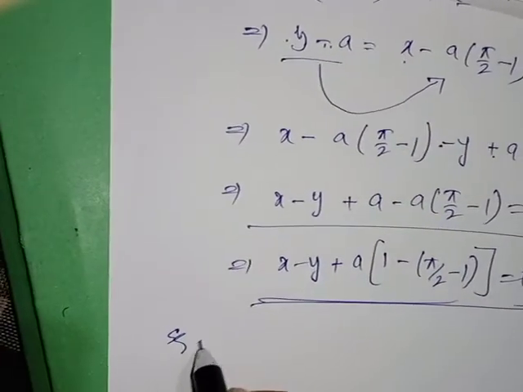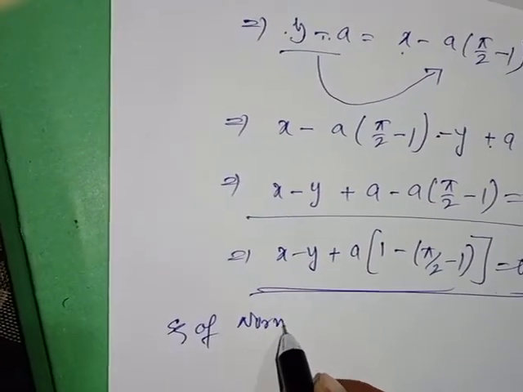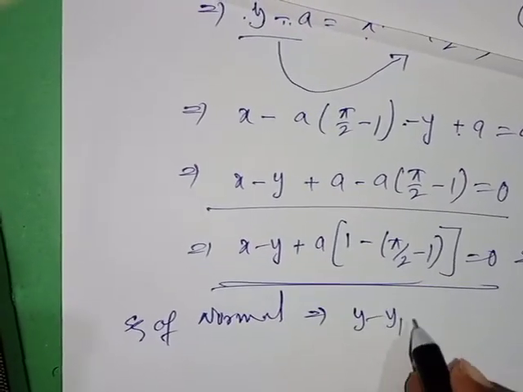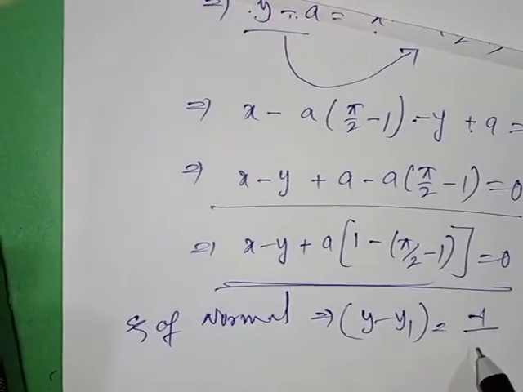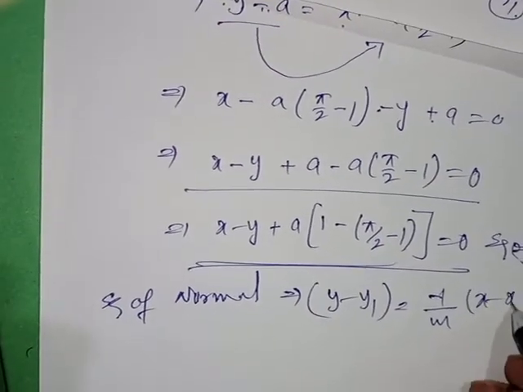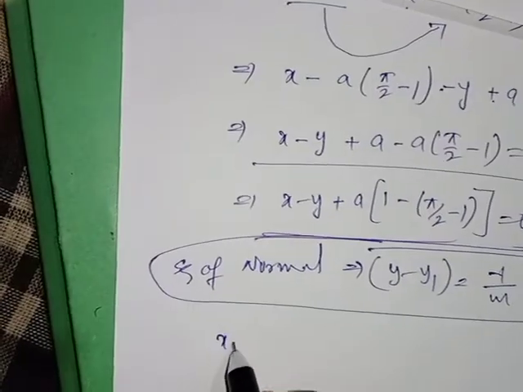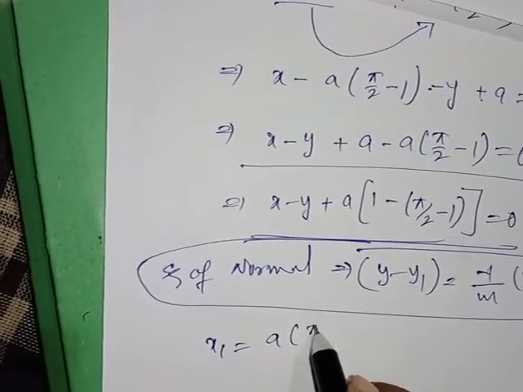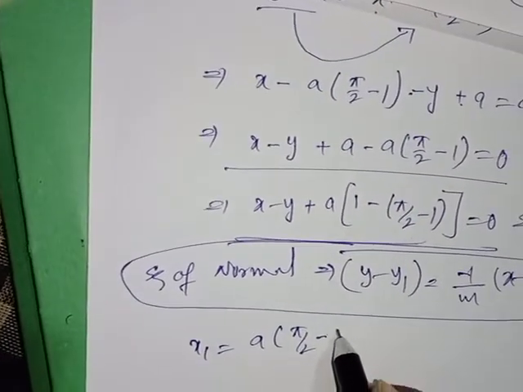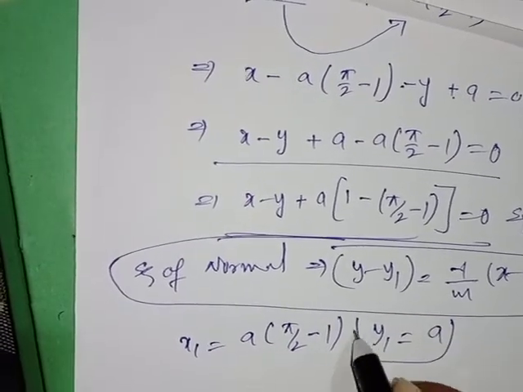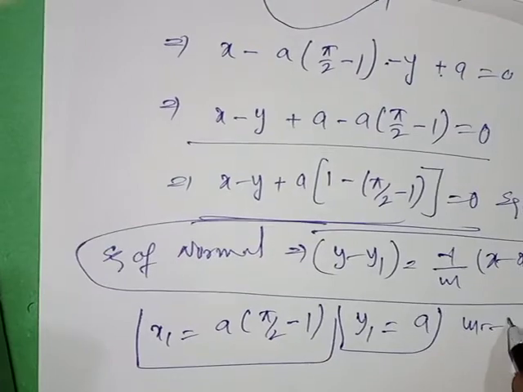Next, the equation of normal is y minus y1 is equal to minus 1 by m into x minus x1. We know that x1 is equal to a into pi by 2 minus 1, and y1 is equal to a. Next, m is equal to 1.